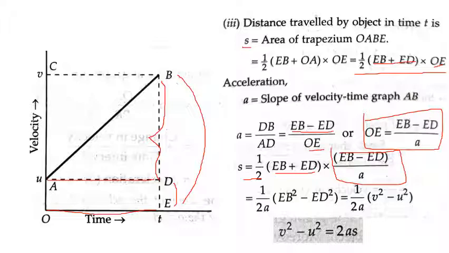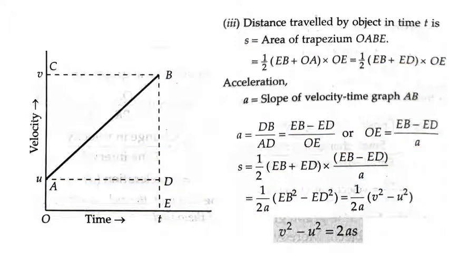Now, here I can use my identity a plus b and a minus b. What is a plus b times a minus b? It will give us a square minus b square, or I can say EB square minus ED square. Fine. And this 2 and a get multiplied in the denominator. So I have 1 by 2a in the bracket EB square minus ED square.